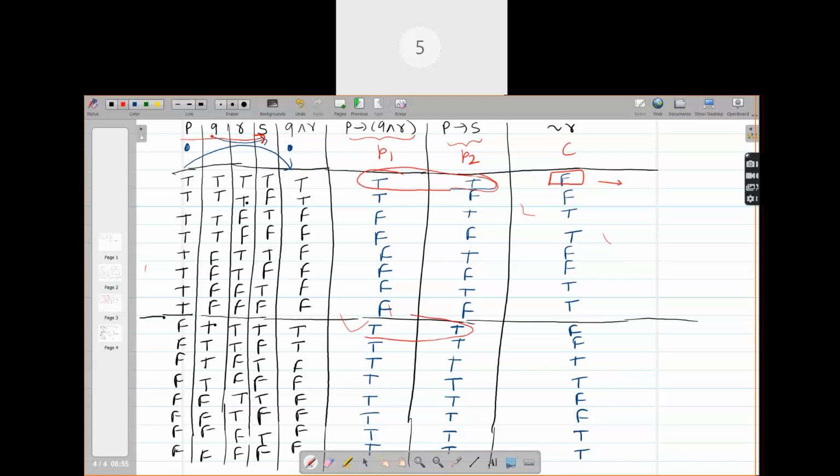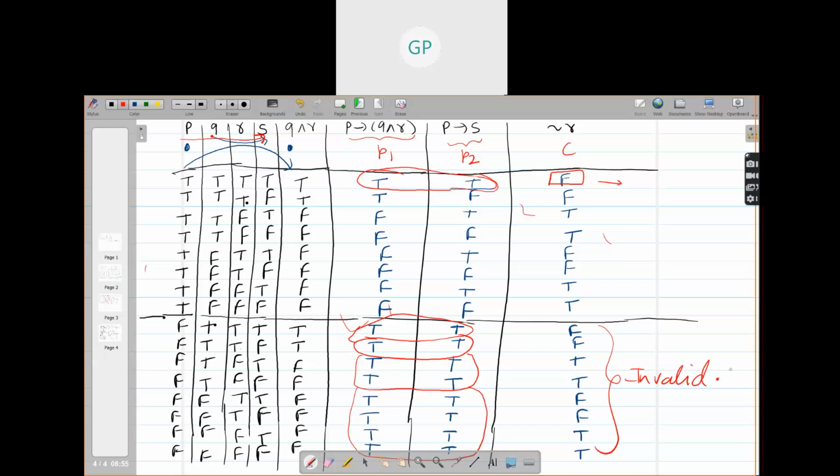See, there are many more rows. So what is happening here? Everywhere, both your premises are true, but either your conclusion is false or your conclusion is true. This should not happen, no? Are you getting the point?